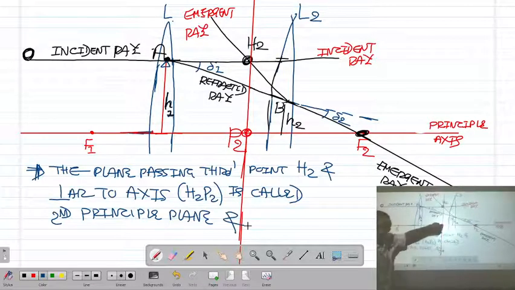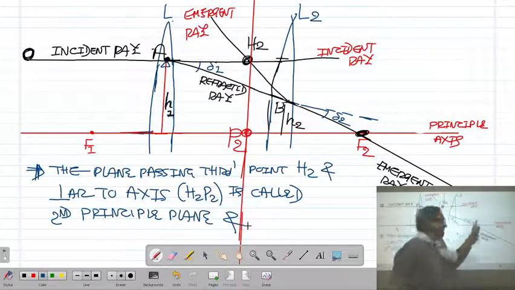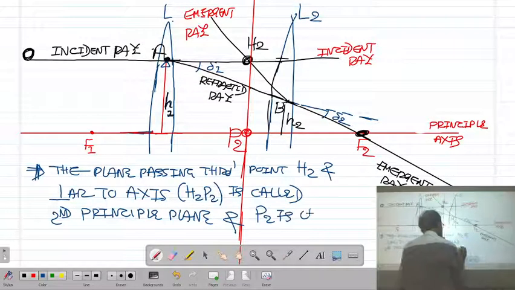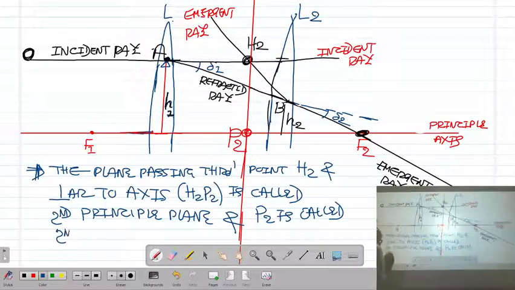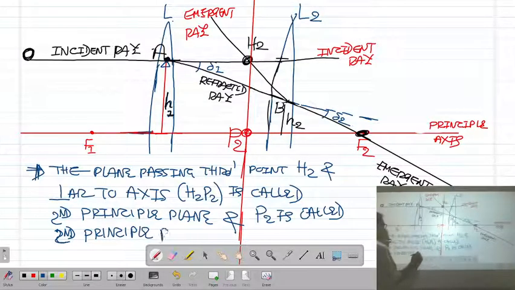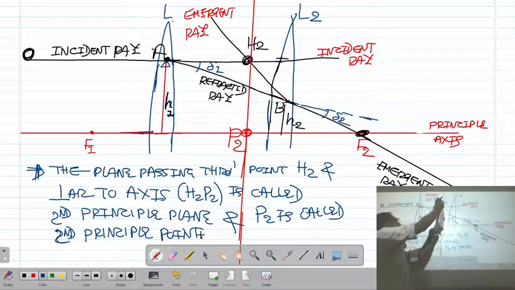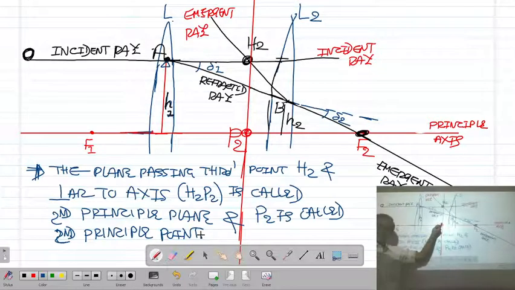And this point P2 on the principal axis is called the second principal point. Right? So the plane passing through point H2 and perpendicular to the axis, H2P2, is called the second principal plane, and the point P2 on the axis is called the second principal point.